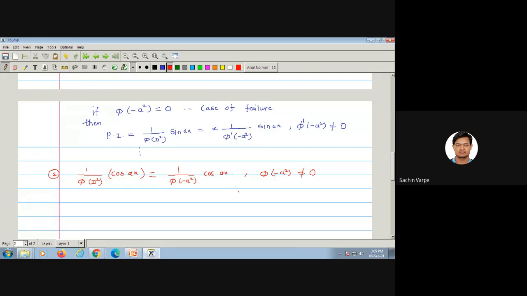Remember, we are replacing d square by minus a square, not like minus of a and then square. No, this is wrong. What we are doing is replacing d square by minus a square.